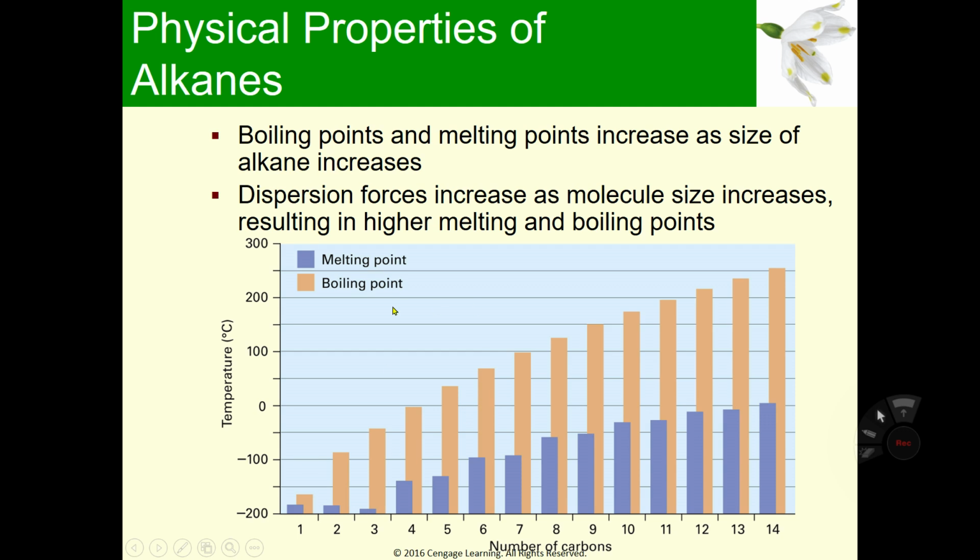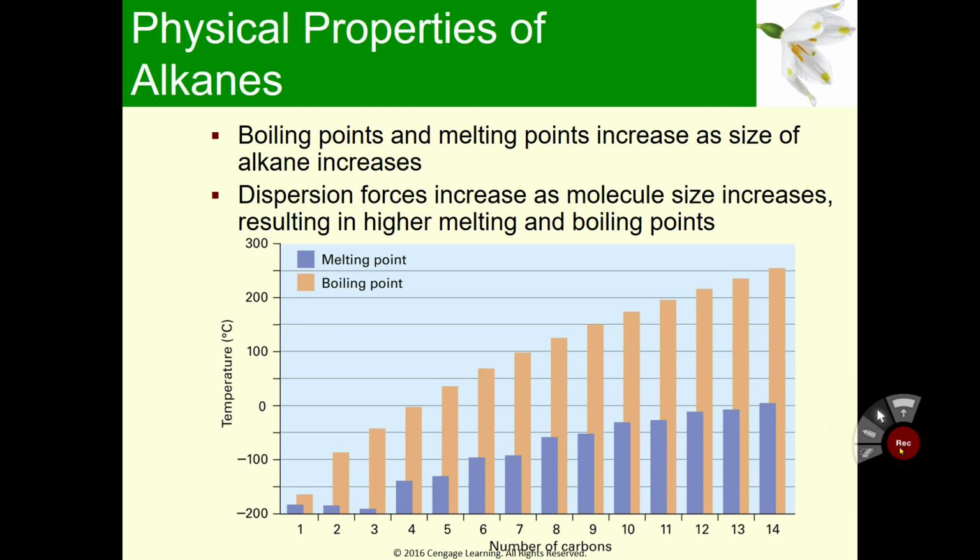This represents melting point and boiling point of a hydrocarbon. The melting points and boiling points of hydrocarbon strongly depend on the number of carbons you have. As the number of carbon increases, the size of the molecule increases, and melting point and boiling point also increase.